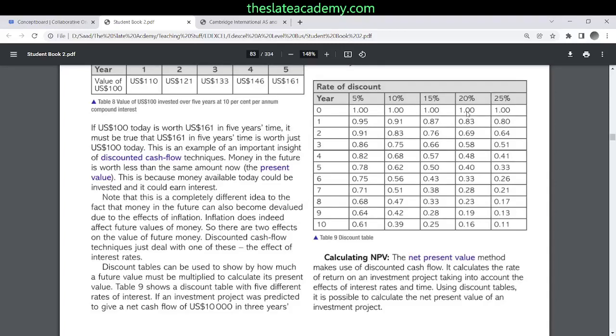For year 0 the discount factor is always 1. The reason being 1 plus i raised to the power 0 will give you 1.